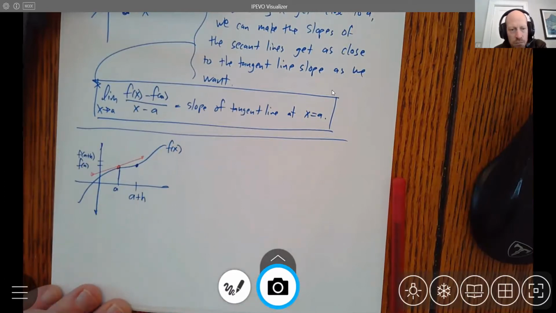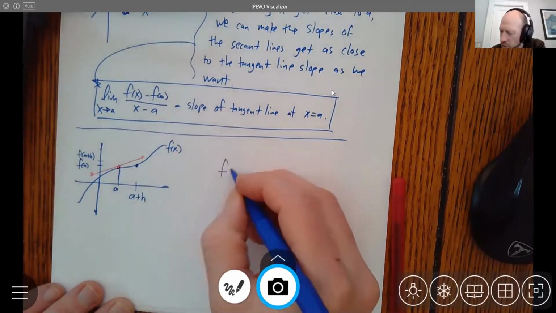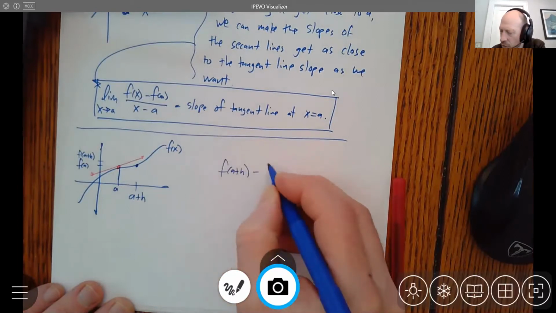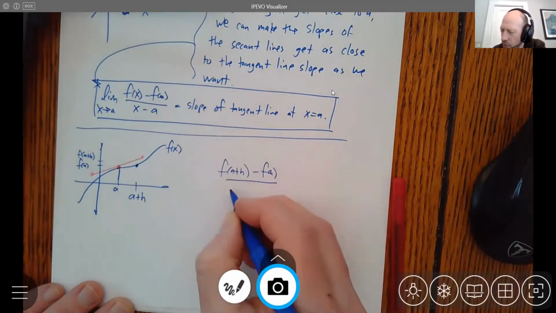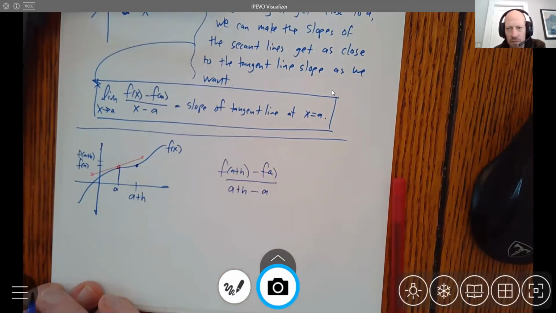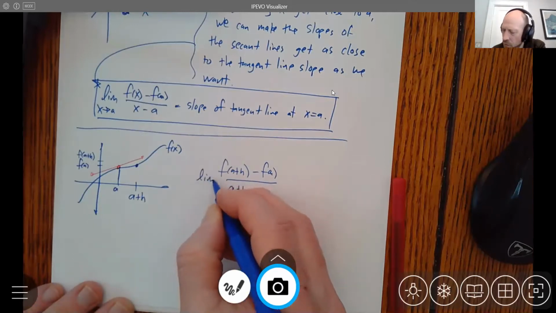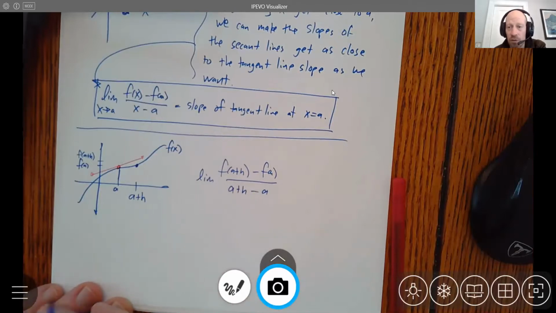Now, the mechanism is the same. In order to get the slope of the secant line, we just take the difference in the y values and the difference in the x values. And then to make that equal to the slope of the tangent line, I have to take the limit.